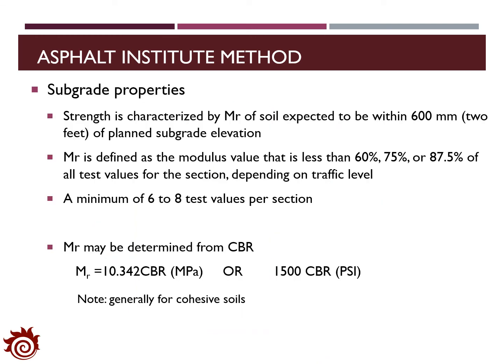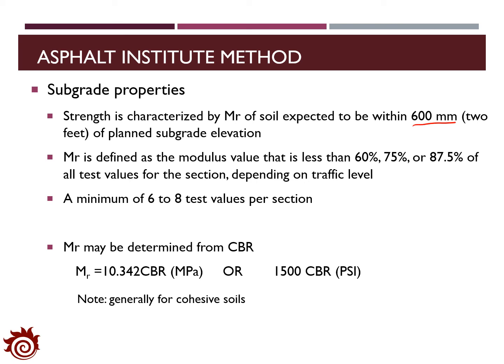The second factor we have to consider is the subgrade material properties. We are especially interested in measuring the strength of the subgrade material. Usually the strength is measured by the resilient modulus MR of the soil within 600 mm of the planned subgrade elevation.